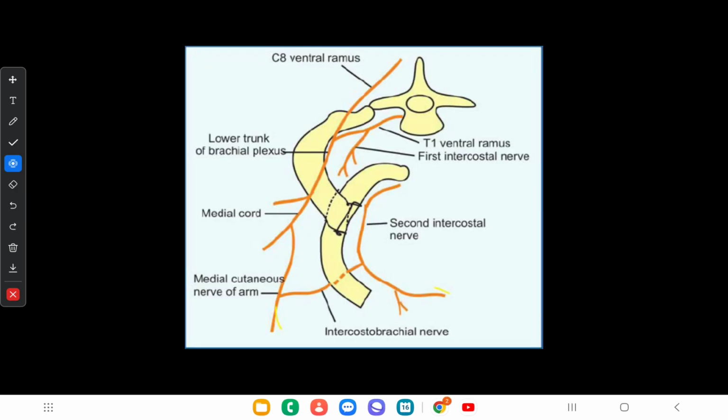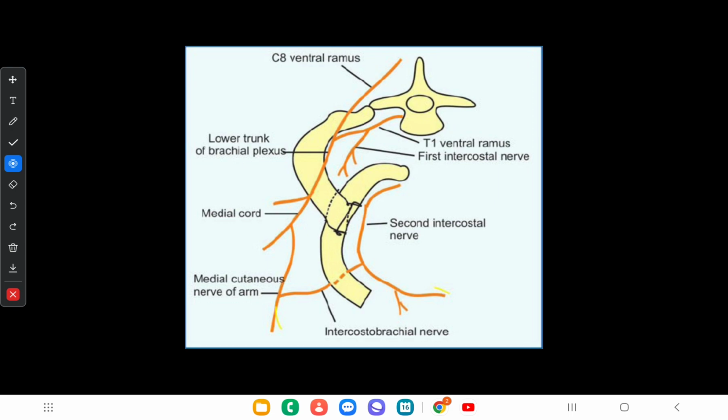I told you earlier there are some atypical intercostal nerves as well. They are the T1 or first intercostal nerve, the second intercostal nerve, and the T7 to T12 intercostal nerves.